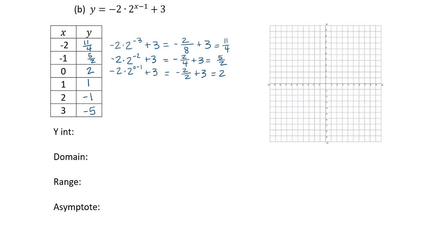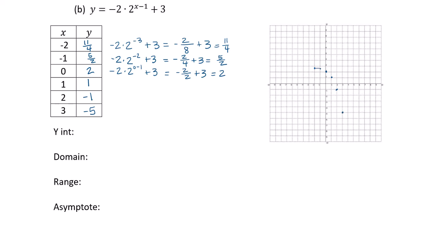Let's go ahead and put these values on the graph. Negative 2, 11 fourths. Here's 4 fourths, 8 fourths, and 11 fourths. Negative 1, 5 halves. That's going to be 2 and a half. 0, 2, 1, 1, 2, negative 1, and 3, negative 5.